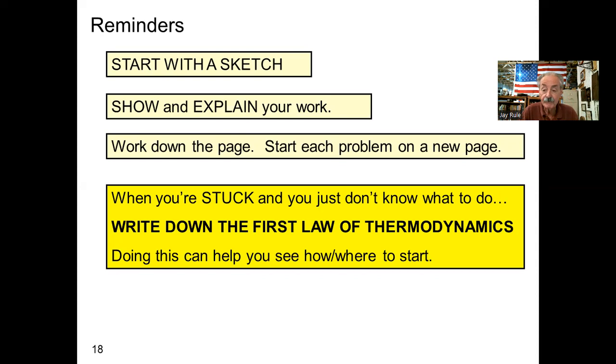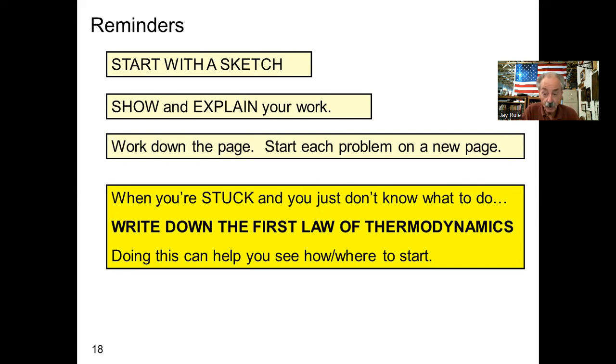Reminders for good performance on your test. Start with a sketch. Draw something down for each problem. Show and explain your work. Don't just write down formulas and calculator work. You've got to explain your work. It doesn't have to be beautiful sentences, just some phrases, things like that. Work down the page. Don't make it look like a gunshot pattern.